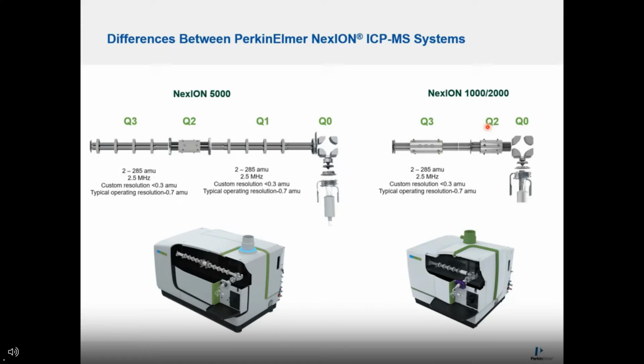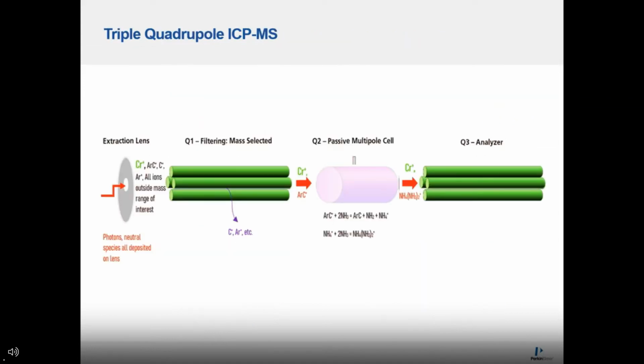To illustrate the differences between triple quadrupole ICP-MS and multi-quadrupole systems, we'll look at what is happening inside a conventional triple quad in the next slide. A conventional triple quadrupole ICP-MS has two stages of mass resolution, on Q1 and Q3. In these systems, there is typically a lens system which is used to focus the ion beams.